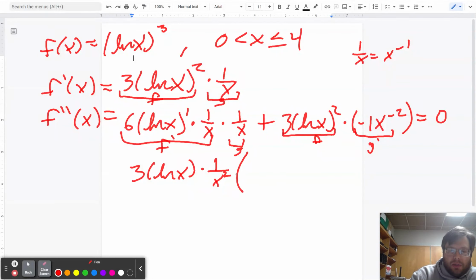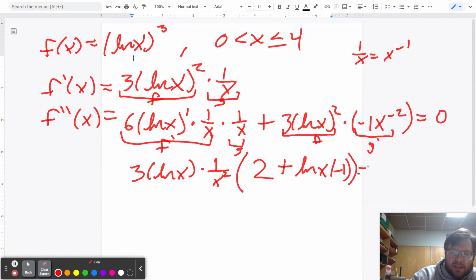The first term, if I pull all that out, is just left over with a 2. Check it for yourself: the 3 times 2 makes the 6, and then I have a natural log of x, and I have a 1 over x squared, taking care of both of those 1 over x terms. The second term is left over with a natural log of x and a negative 1 from g prime.